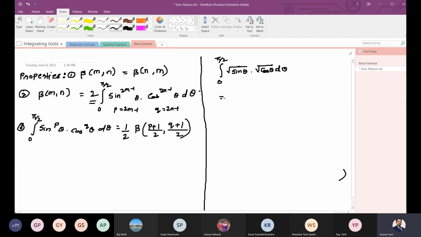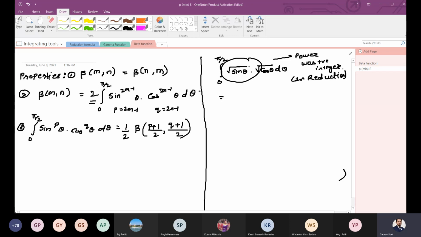Can you use the reduction formula here? In the reduction formula, the condition was these powers were positive integers. But here, even for under root, this can be used. There is not any condition on p and q.